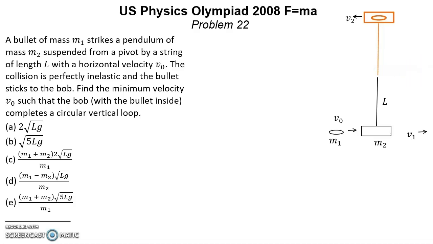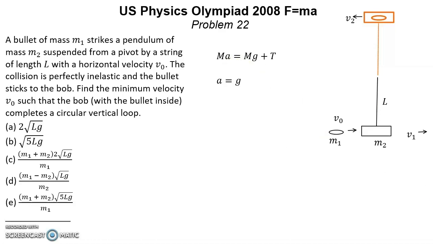So we can write the equation for this motion on the top. We have ma equal mg plus tension, where m is the total mass of bob and bullet. In a critical scenario, tension must be equal to 0. It means that acceleration at the highest point is g.